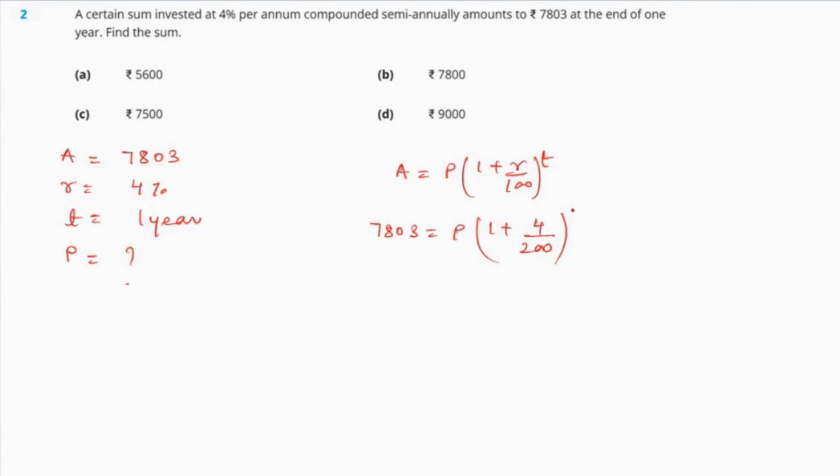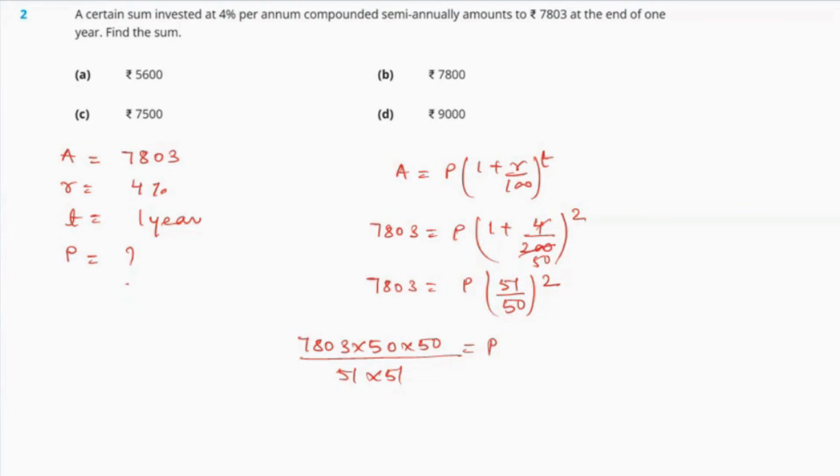And this time becomes 2 times 1, which is 2. Now we need to solve it. When we solve it, we will get 51 by 50 whole square. Correct. So when we figure out the value of P, that will equal 7803 times 50 by 51 times 50 by 51.